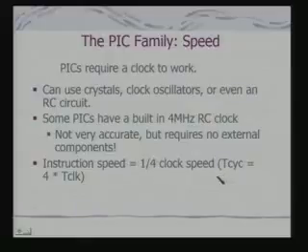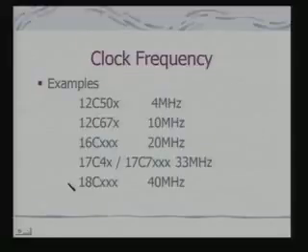So I talk about the instruction cycle, which is 4 times the clock period. These are the typical parameters that we refer to in a PIC architecture. So where does this factor of 4 come from? Let's try to understand that. Before that, let's look at some examples of clock frequency.